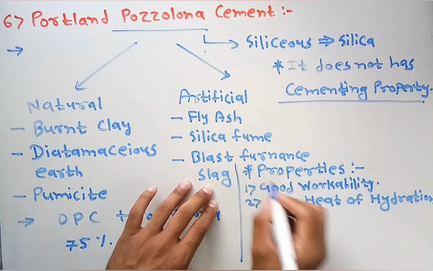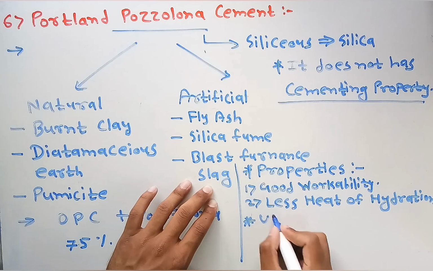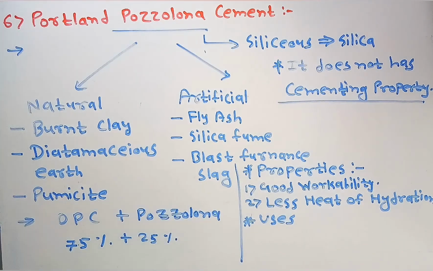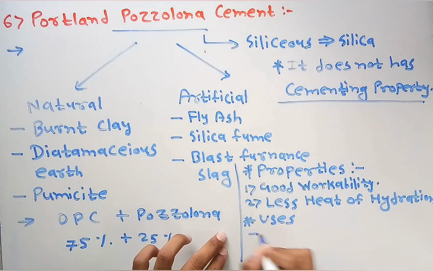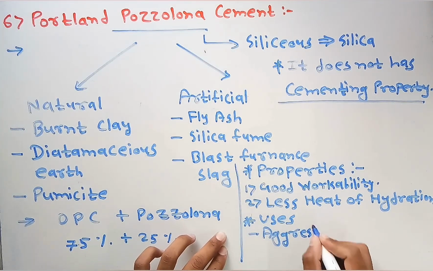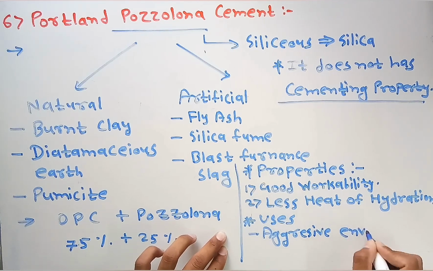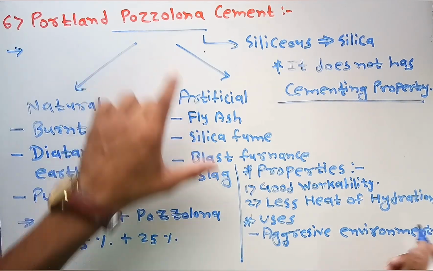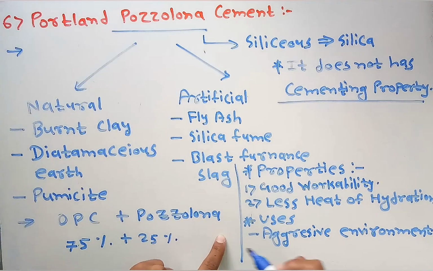And now we will see its uses. It is generally used in aggressive environments. The main reason is that Portland pozzolana cement has a good property of giving resistance against weathering actions.